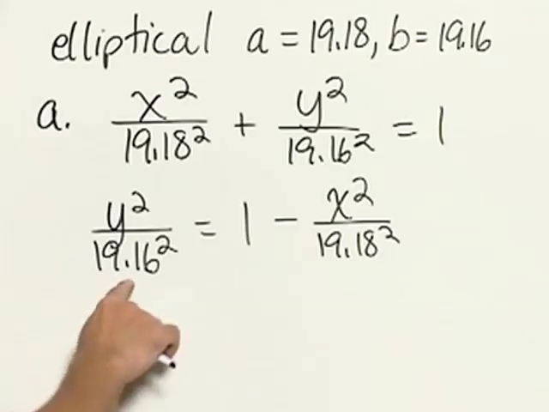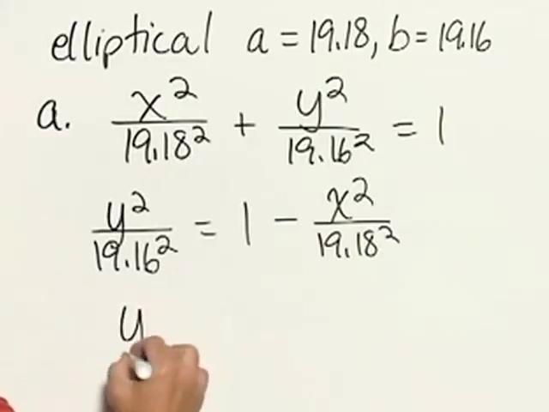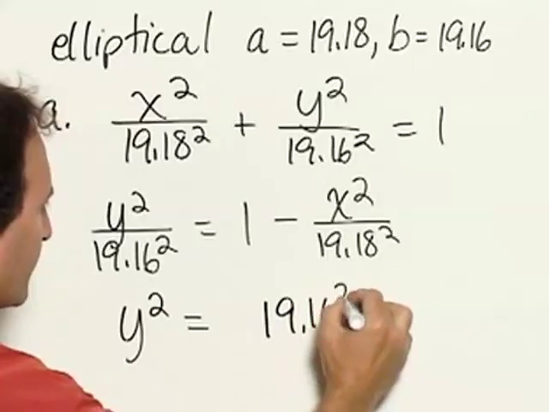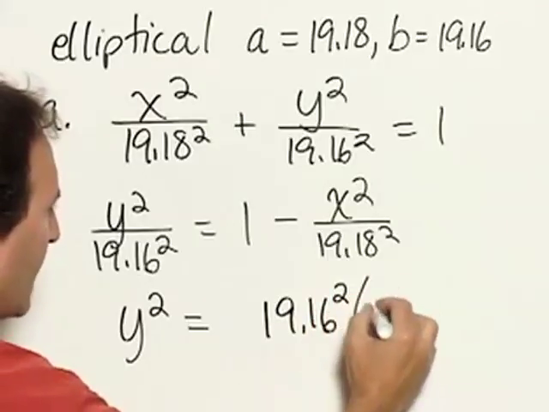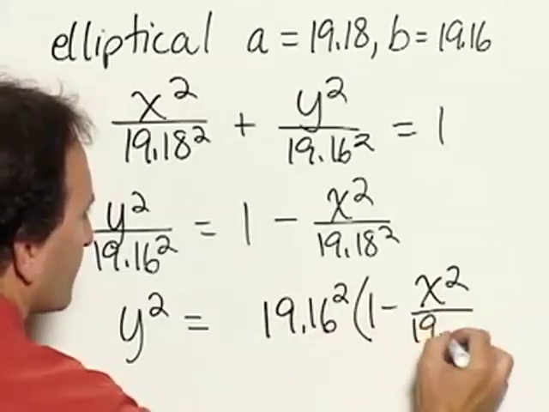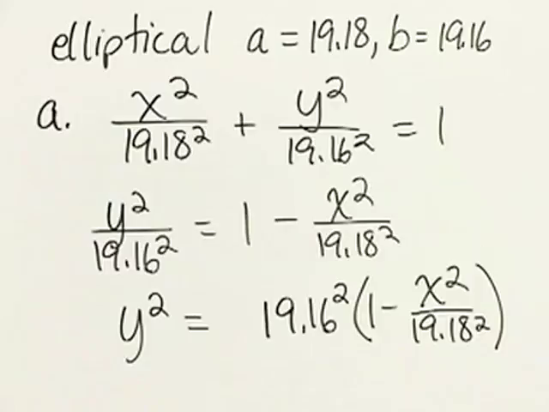Next, we would have to multiply both sides by 19.16 squared. So y squared will be equal to 19.16 squared times, and now put it in parentheses, 1 minus x squared over 19.18 squared. Now we would take the square root of both sides.